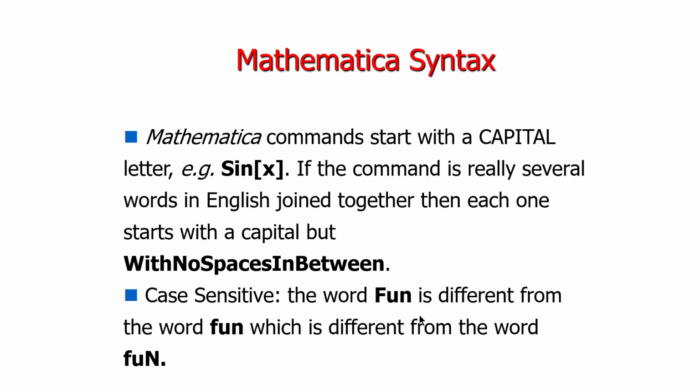Not just for sine, you can use it for any kind of command. After introducing any command, you have to put square brackets because that is going to be evaluated by this command. So if you write Sin[x], this is going to give you the sine of x, right?